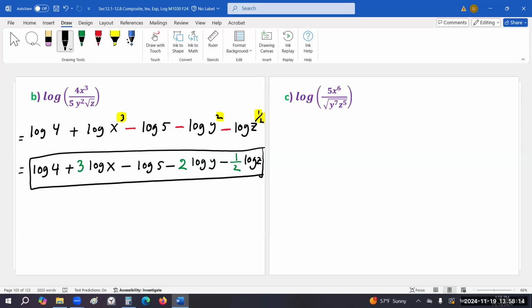Square root of y to the 7 and square root of z to the 5. That's what I said. This one and the left one are similar but not the same. On the left one, below the square root, you had one term, but here, below the square root, you have two terms. Can we break it into two square roots?